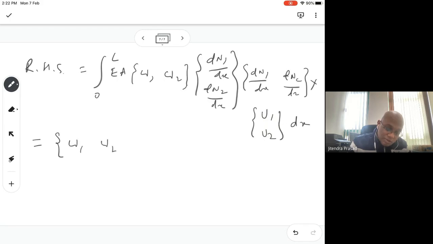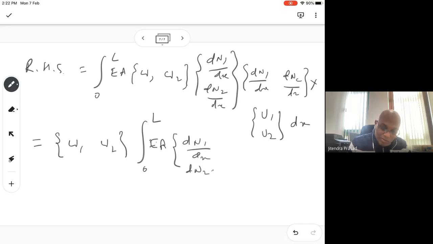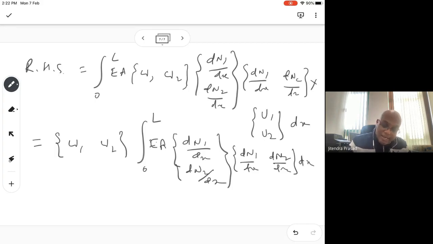So this becomes w1 w2, integral from 0 to L of EA, and then you have dn1/dx, dn2/dx multiplied by dn1/dx, dn2/dx, then dx. And then you have u1 u2, which is outside.